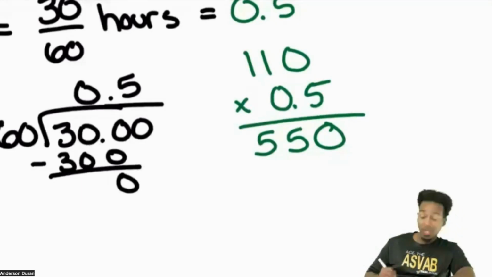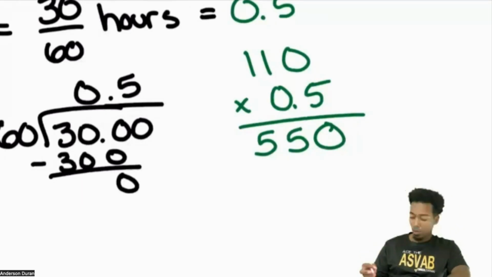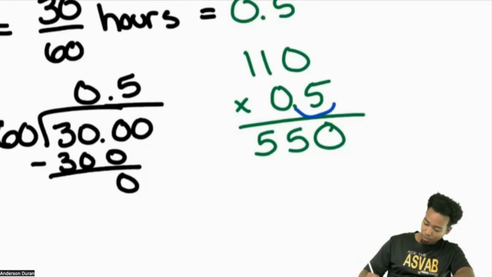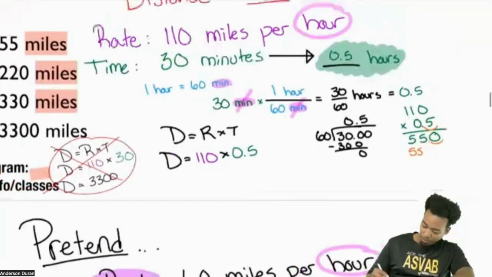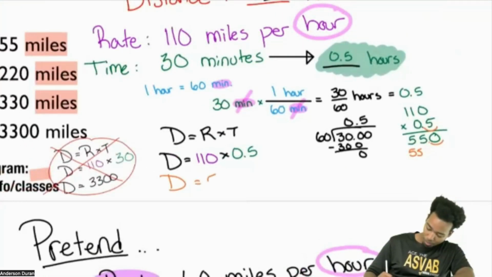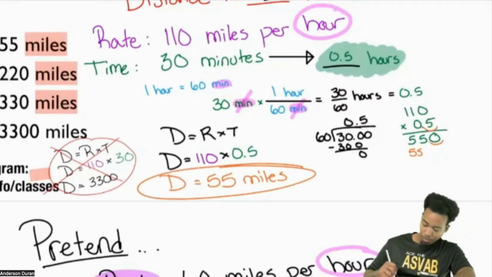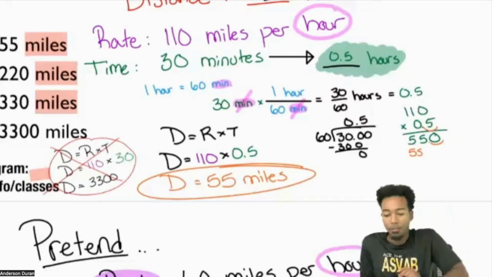And again, you bring the decimals back at the end. So here we have one decimal place that we moved. Let me use a different color, a little more bright. And so we bring one back. And so that's 55 as the answer, or 55 miles. Yeah, 55.0 is 55. And so that would be 55 miles.